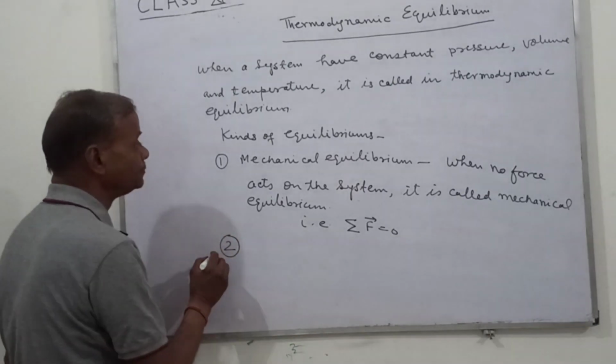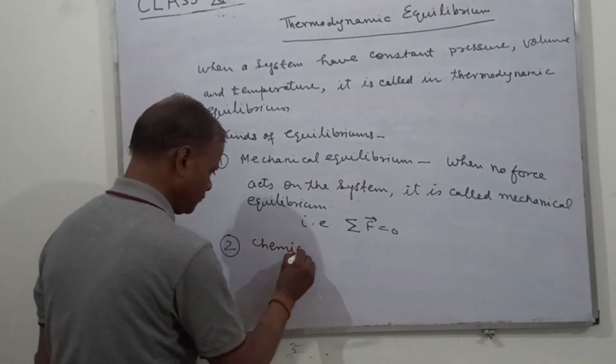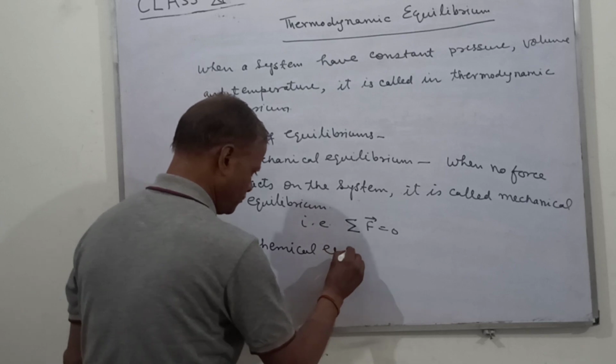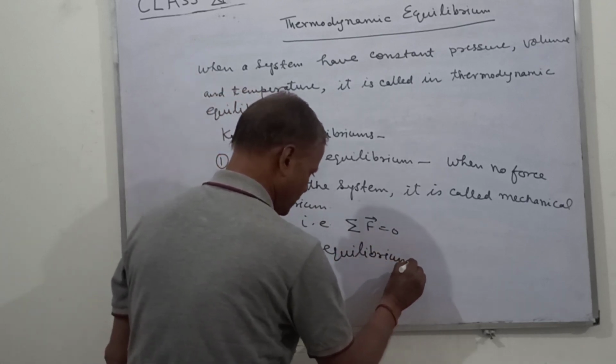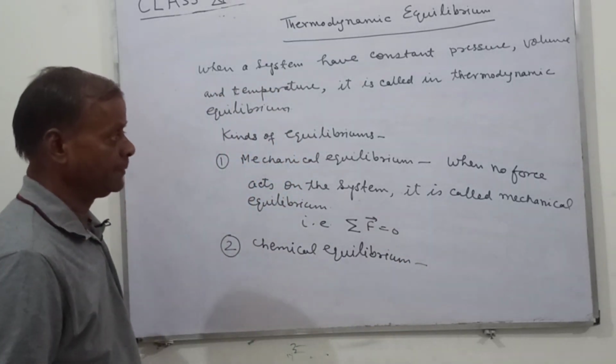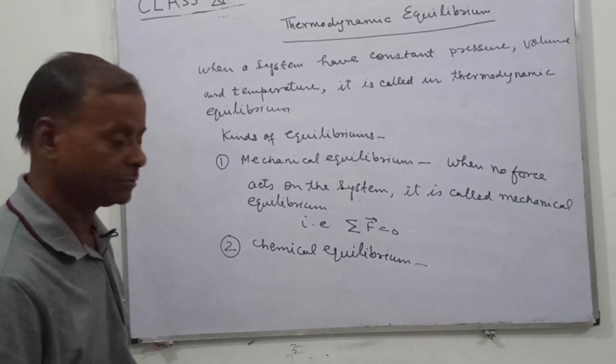And number 2, chemical equilibrium. Chemical equilibrium is when the chemical composition of the system is constant.